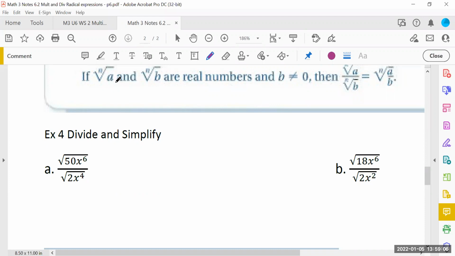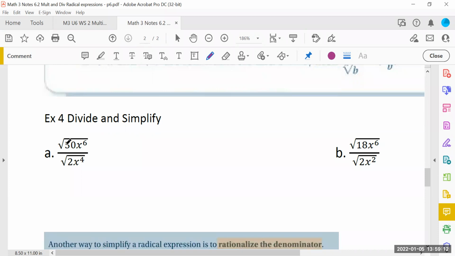So a square root divided by a square root can become one big square root with the insides divided. So like this one, the square root of 50x to the 6th over the square root of 2x to the 4th becomes the square root of 50x to the 6th over 2x to the 4th.